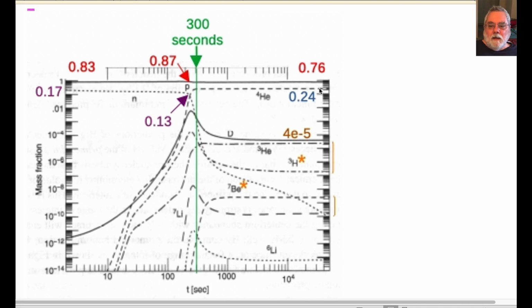The beryllium bottleneck will later be overcome in stellar cores that fuse helium to carbon at high temperature, pressure, and density, and with the luxury of time that Big Bang nucleosynthesis does not have because of the expansion of the universe.